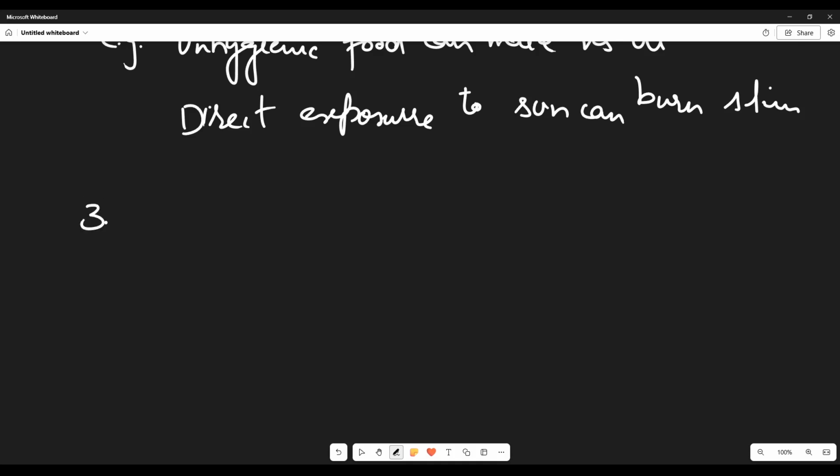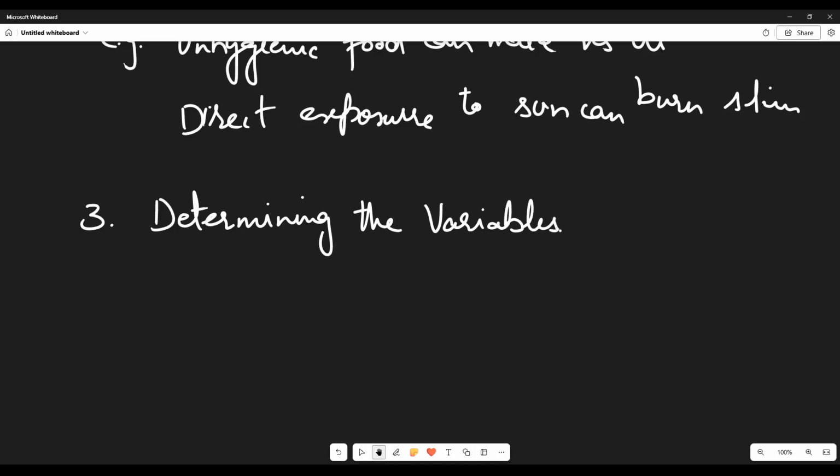The third step in experimental method is determining the variables. A variable is anything that varies or can be varied or changed.